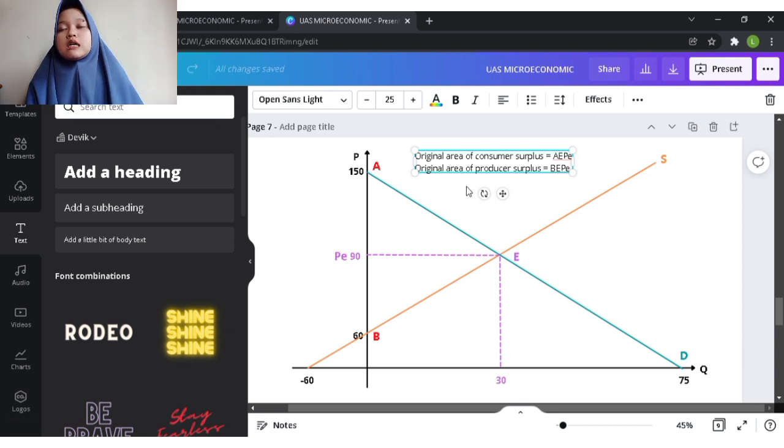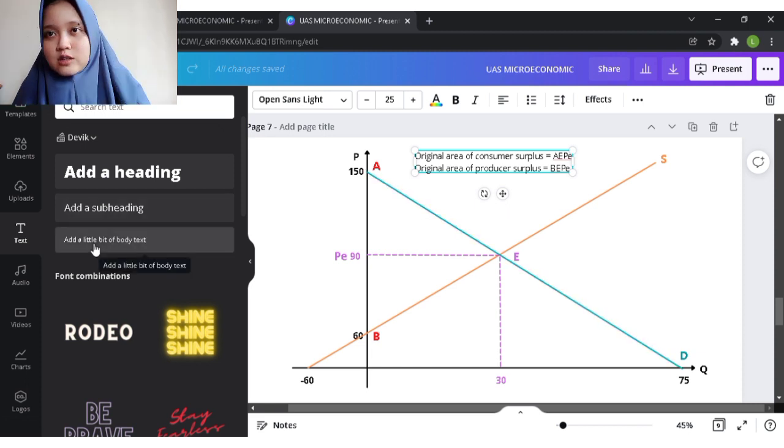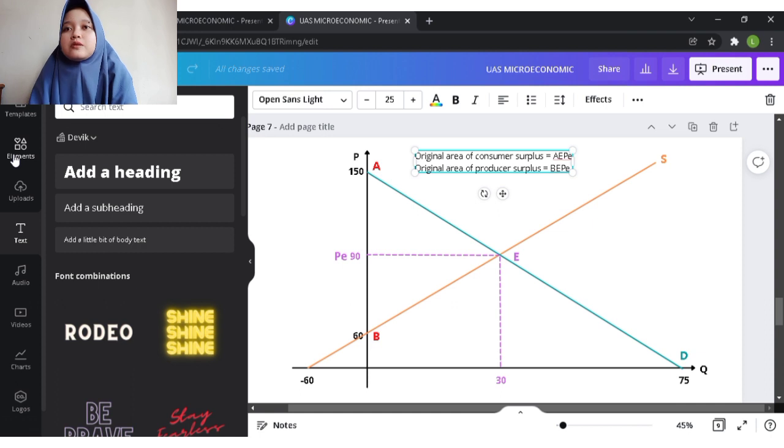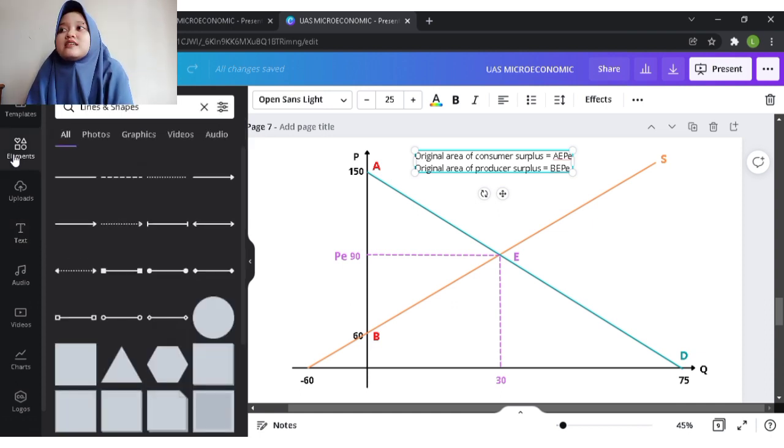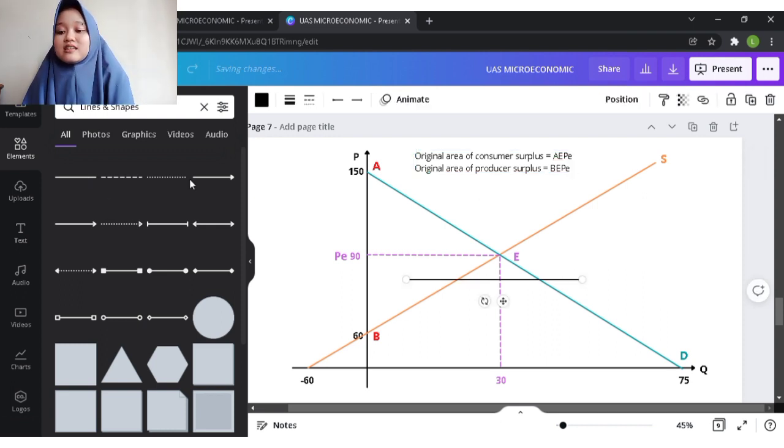So in the question it is given that the minimum price is 92. So basically, what is a minimum price? In the market the equilibrium price is 90, but in reality the producers feel that this price is very cheap.